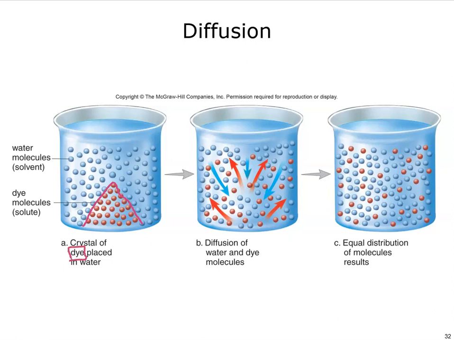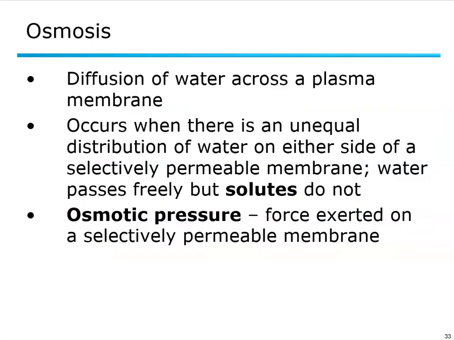Then there's going to be diffusion in order to distribute equally inside of the solution. That is called diffusion. By the way, the most frequent substances to diffuse in our body are gases: oxygen, carbon dioxide, nitric oxide. All of these gases are going to be the main representation for simple diffusion.